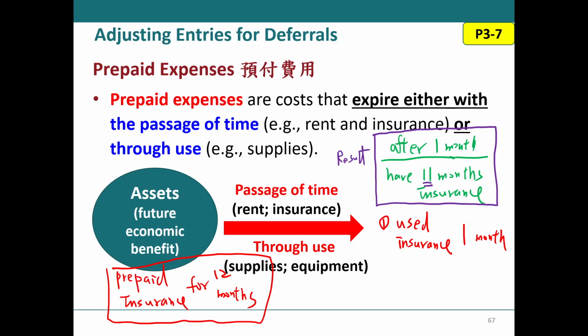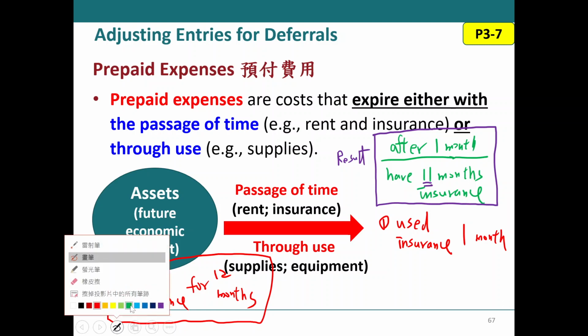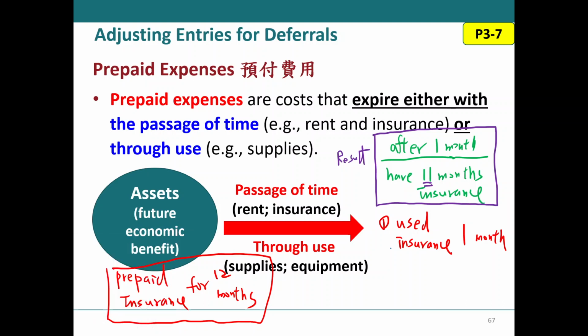Used insurance 1 month means your asset, insurance, decreased 1 month, right?